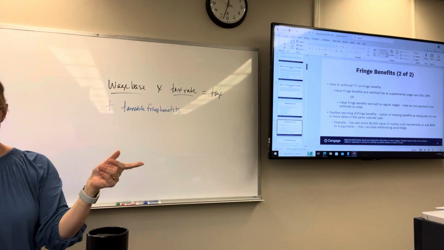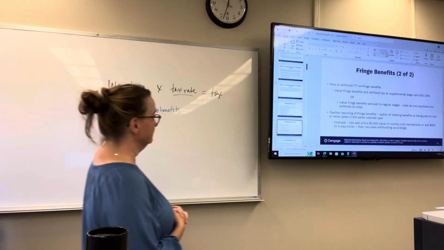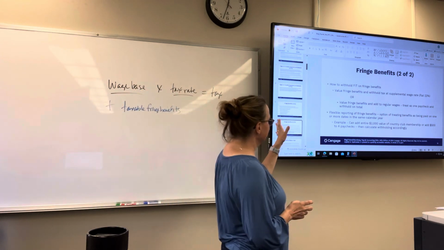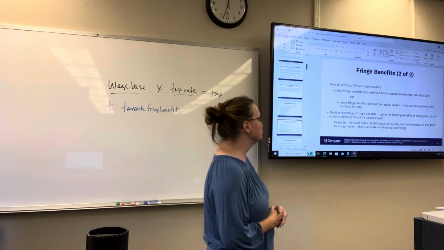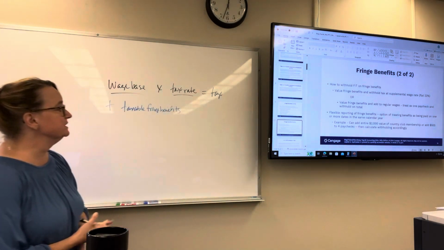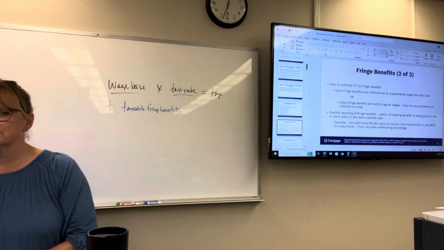You'll find that that's also the bonus rate, by the way, the 22%. Or, and more commonly what happens, the value of the fringe benefits is added to regular wages. You treat it as one paycheck and you withhold on the total.